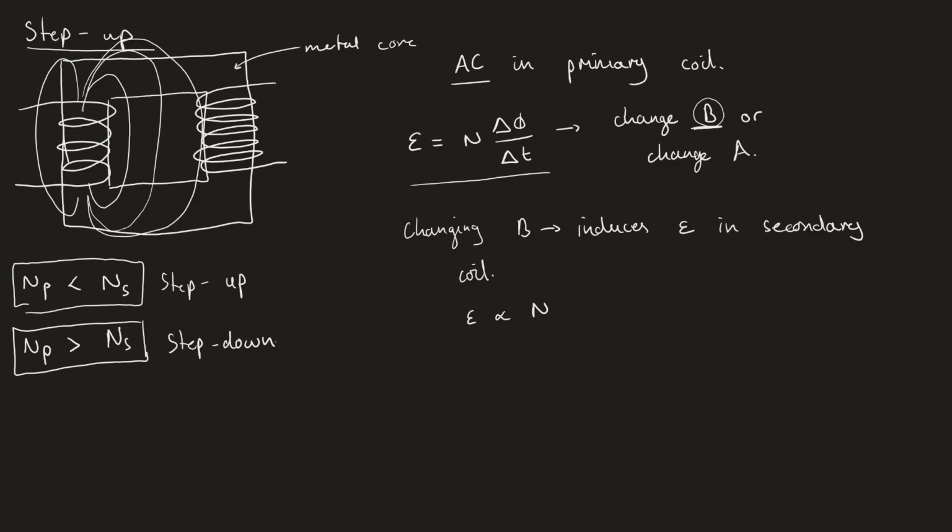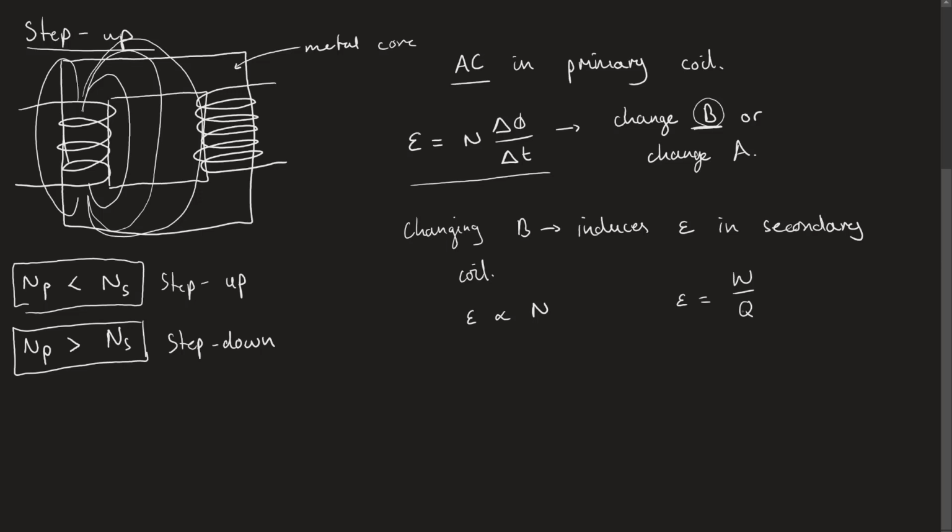Okay, so that then means if we have the EMF being transferred, we know from way back in GCSE, or even what we've done in AS, that this EMF, this potential difference, is a measure of energy. Okay, so somehow to get from the primary coil to the secondary coil, it appears as though we've increased the amount of energy. Okay, but then we have to go back to our strict definition, which is that the EMF is actually the work done per unit charge.